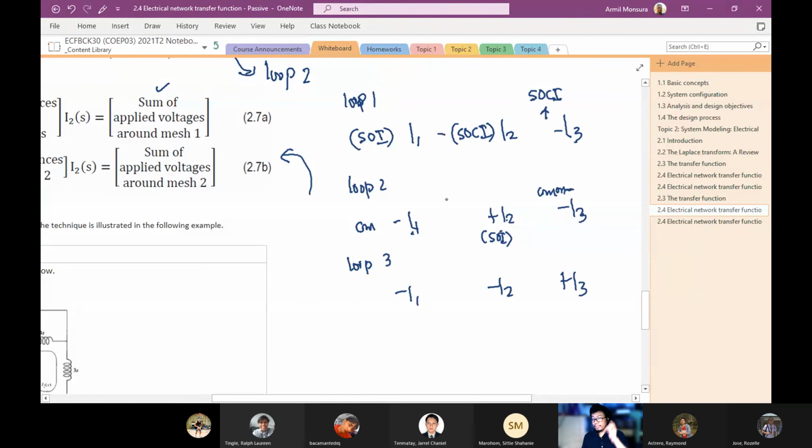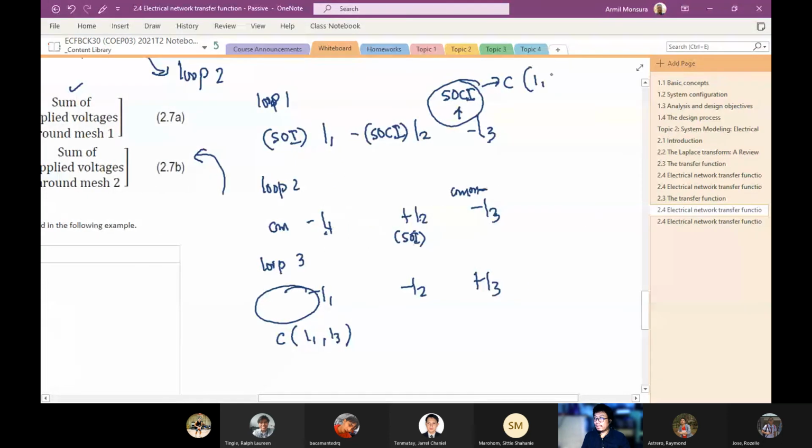Now, para medyo mas madali yung trabaho nyo, papansinin nyo na yung common dito at common dyan ay I1 at saka I3. Dapat yung expression dito at saka yung expression dito, pareho lang.